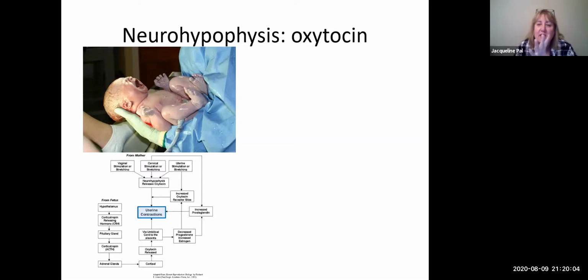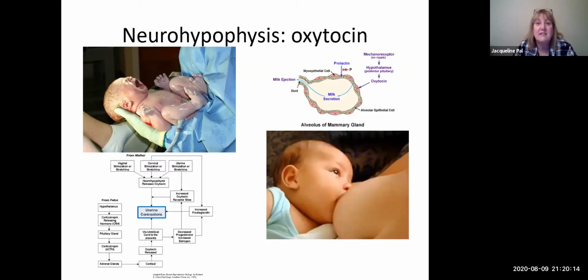Now, in addition to causing uterine contraction, giving us a beautiful bouncing baby boy or girl, oxytocin has a couple of other effects. A significant effect is in the breast. After delivery, the female breast is making a bunch of milk for the baby to consume for its nutritional needs.